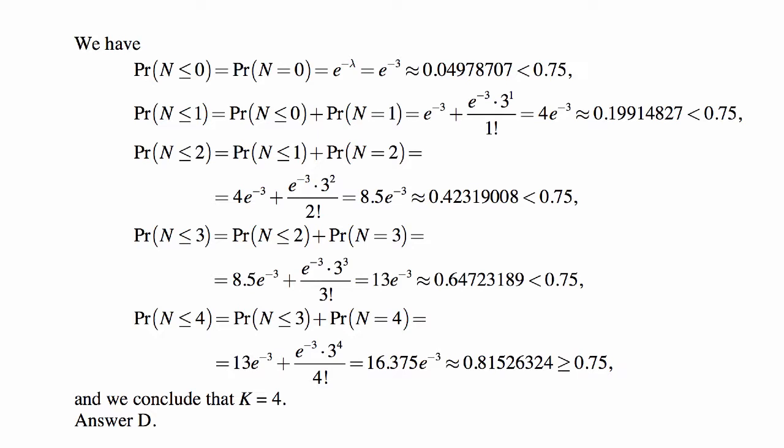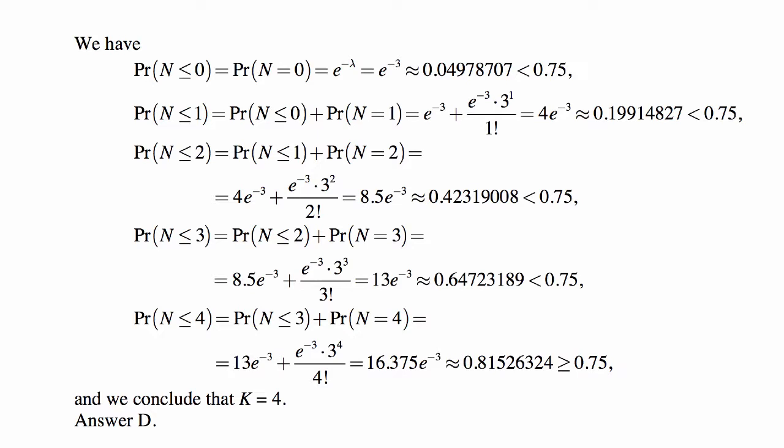That's less than 0.75. And finally, for the calculation of the probability that N is less than or equal to 4, that's the previously calculated probability of N less than or equal to 3, 13 e to the negative 3, plus the probability that N is 4, which is e to the negative 3 times 3 to the 4th over 4 factorial. Altogether this ends up being 16.375 times e to the negative 3.